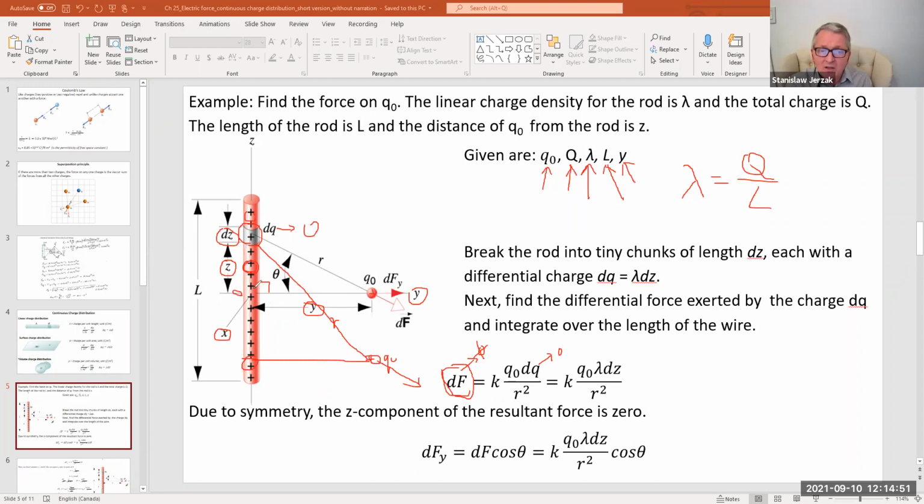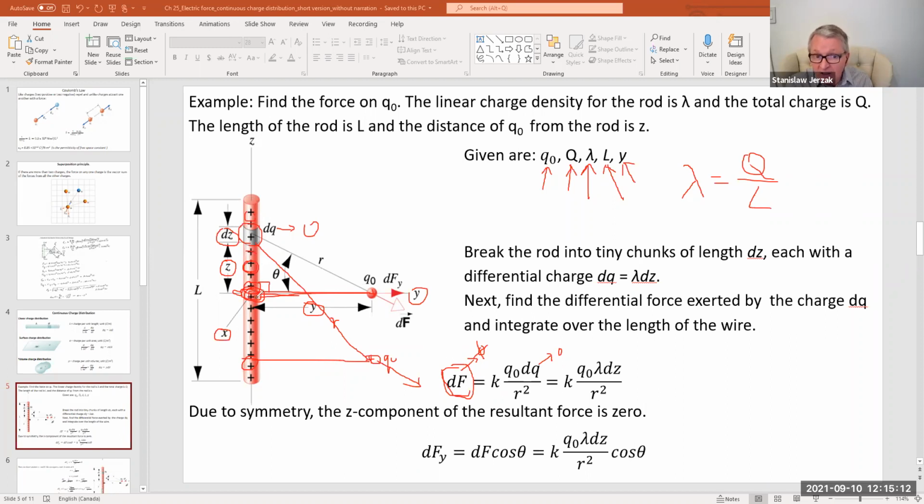Yeah, because you see, if I select that chunk, let's say here, then this would be distance r, right? But I know that I have to use the superposition principle, and I have to divide the rod into an infinite number of these little chunks.